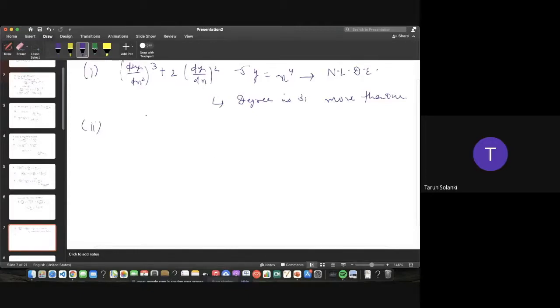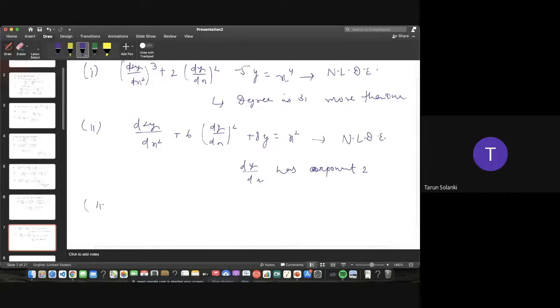Taking more examples like d²y/dx² + 6(dy/dx)² + 8y = x². So this is also a non-linear differential equation because the differential coefficient dy/dx has exponent 2, right?